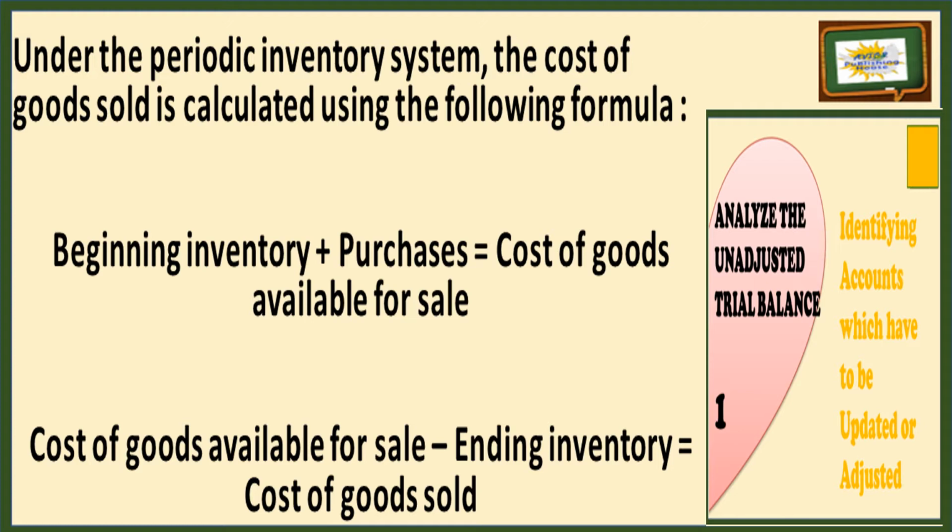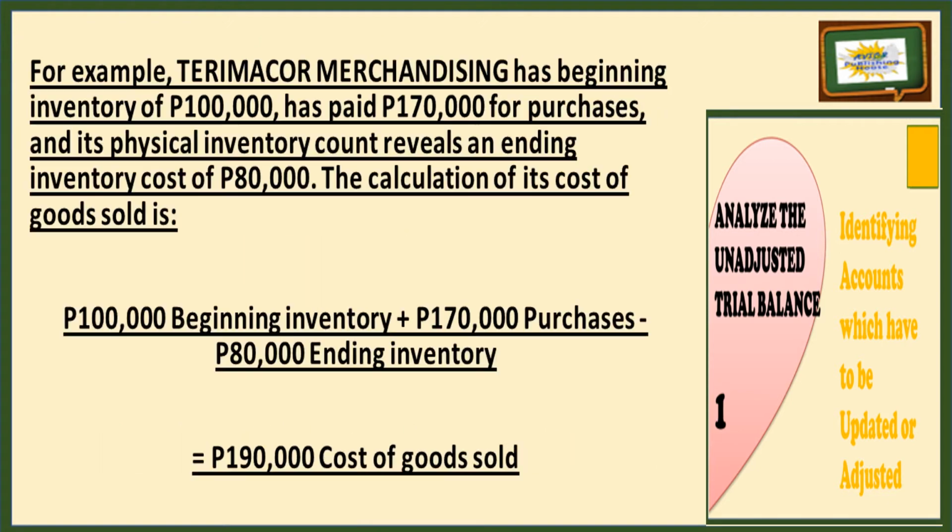So, using periodic inventory system of recording, you have to compute for the cost of goods sold at the end of the period after conducting the physical inventory count. Unlike in perpetual, you just record the transaction as it happens. And then at the end of the period, you will have the balance in the ledger because you have entered all the transactions in the merchandise inventory account.